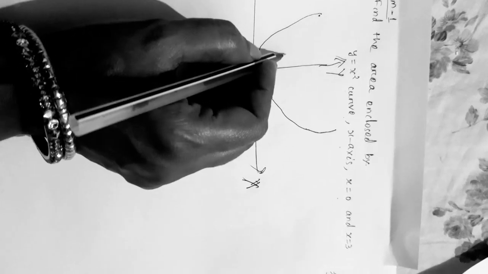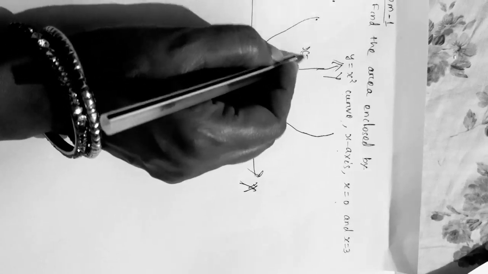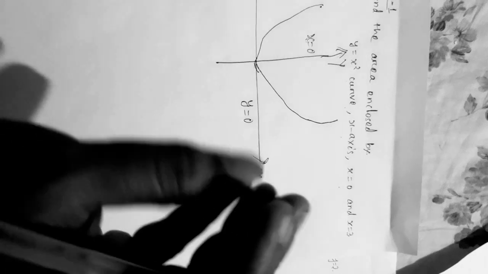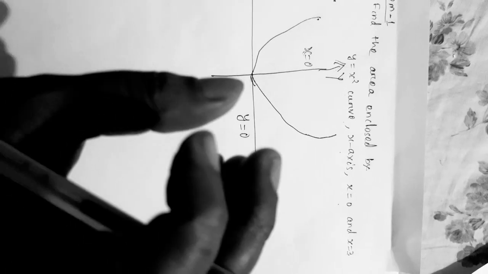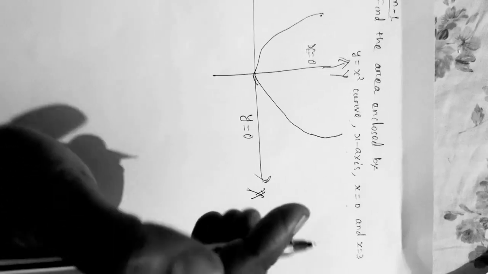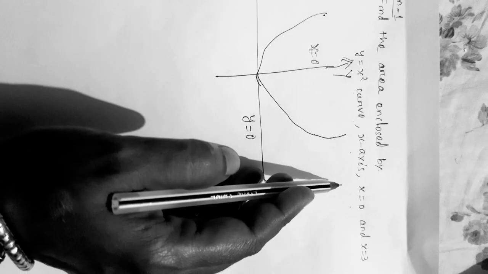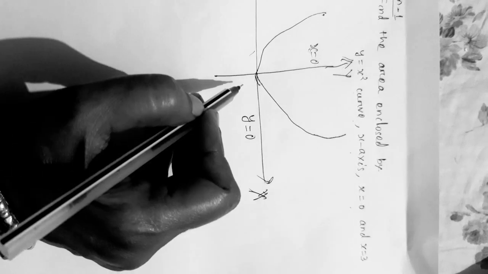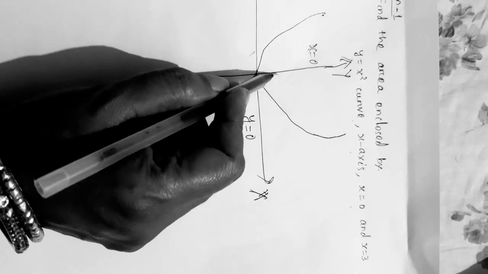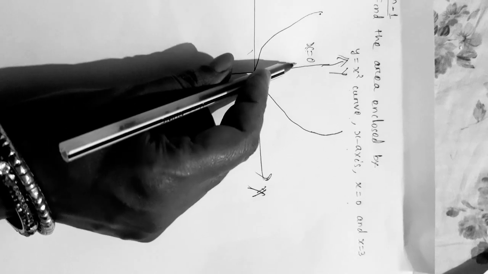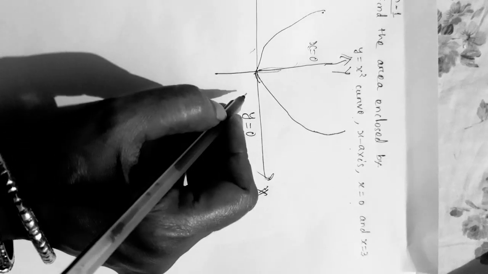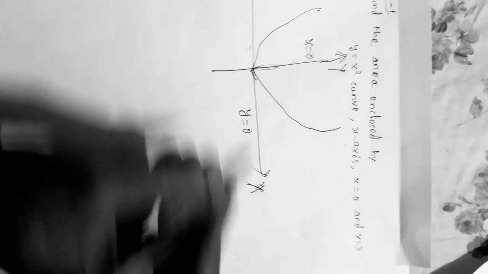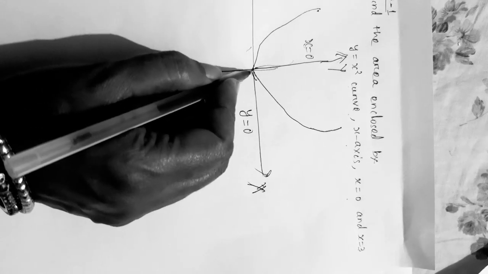Similarly, the equation of the y-axis is x equal to 0, because the x coordinate of each point on the y-axis is 0. So the line x is equal to 0 is this line, which is nothing but your y-axis, and now you have to draw the line x is equal to 3.